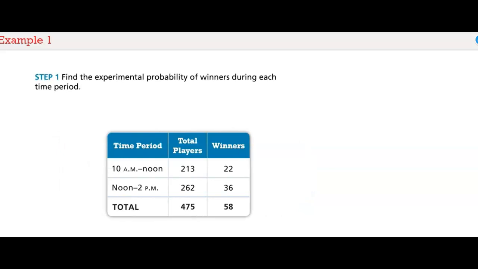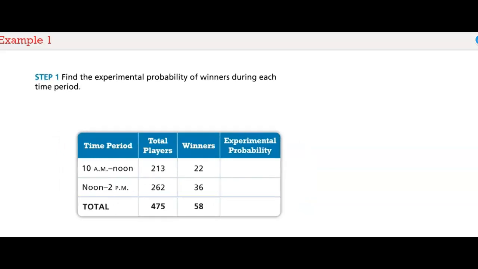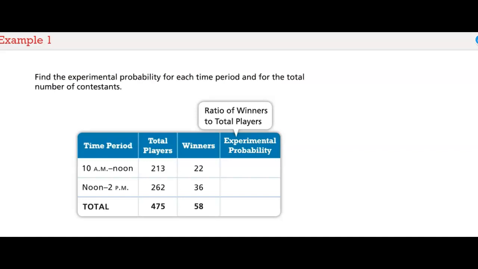The first step is to find the experimental probability of winners during each time period. In this case, the experimental probability is equal to the ratio of the number of winners to the total number of players. We can find the experimental probability for each time period and for the total number of contestants. The experimental probability from 10 to noon is about 10 3/10%.